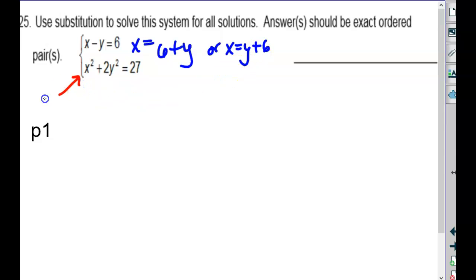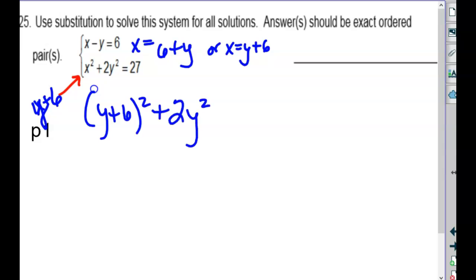Then if I put that in here, I have y plus 6, quantity squared, plus 2y squared equals 27. Now again, y plus 6 quantity squared is not y squared plus 36.